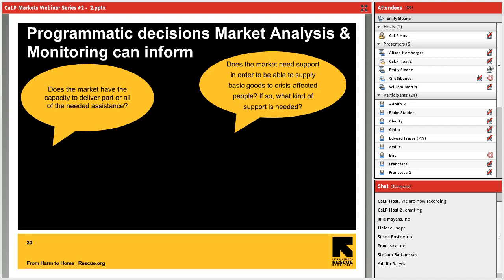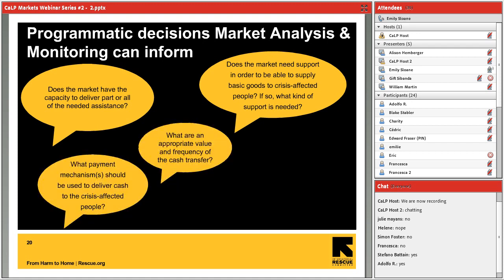To a large extent, they're about modality choice and appropriateness, and to another extent, they're about the need for market support interventions and the type of market support interventions. So you see, does the market have the capacity to deliver part or all of the needed assistance, and does the market need support in order to be able to supply the key goods identified to crisis-affected people? These should be familiar with most of you.